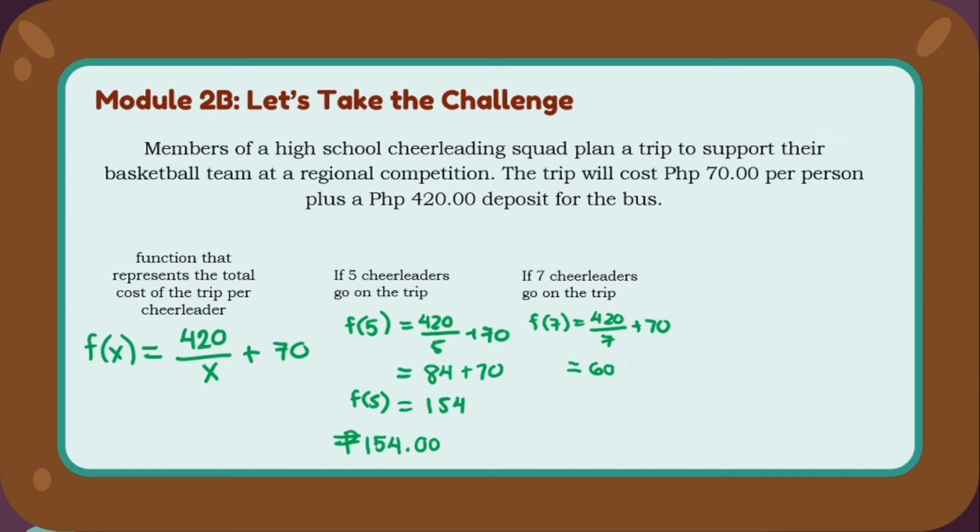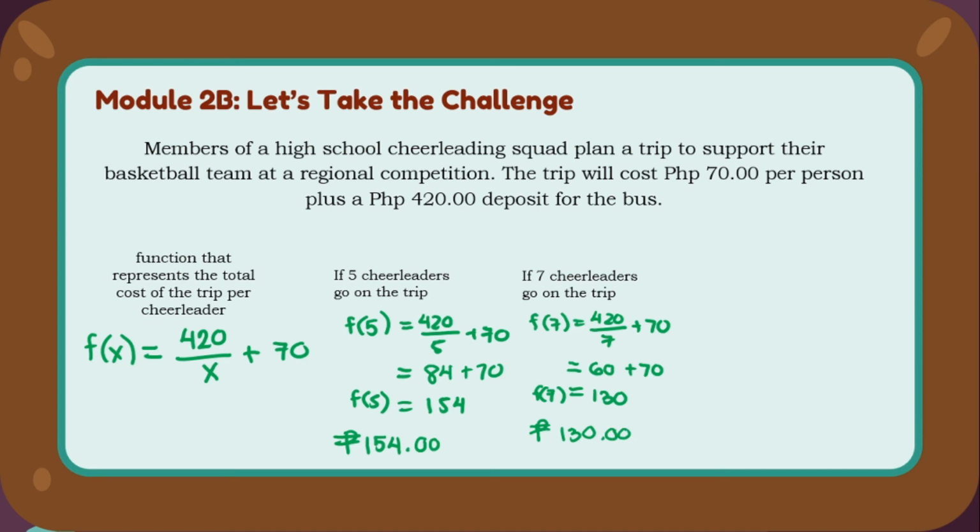Very good. So 60 plus 70 is equal to, i-comment ang sagot, 130. Very good. So f of 7 is equal to 130. Therefore, kapag 7 cheerleaders ang sumama sa trip, magkano ang kanilang babayaran? Magbabayad sila ng 130 pesos.